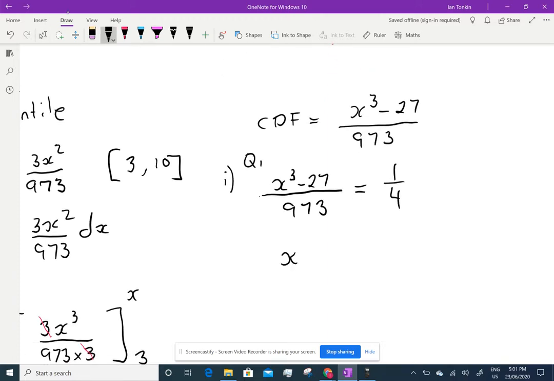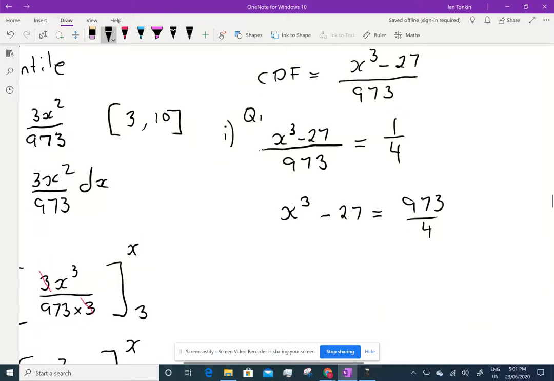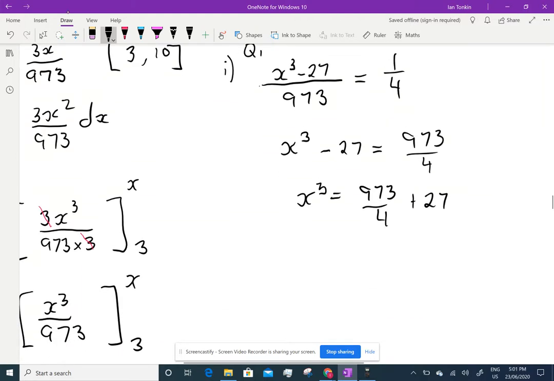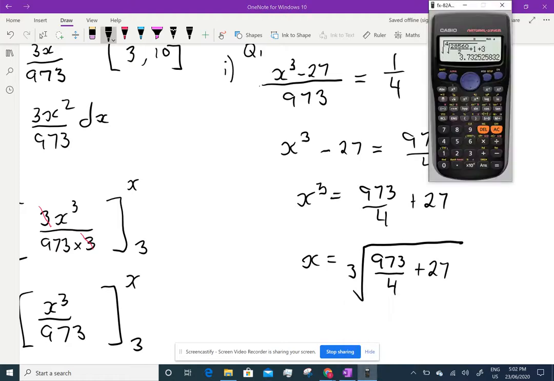Multiply the 973 across: x cubed minus 27 equals 973 over 4. Remember, I'm going to do it all on my calculator. x cubed equals 973 on 4, add the 27, and then cube root the whole lot. So x equals the cube root of 973 over 4 plus 27. And then it's just calculator work.